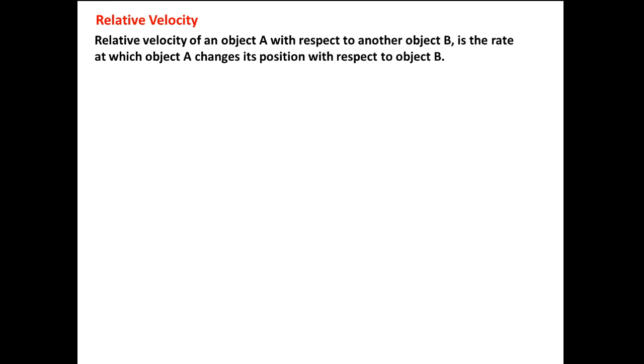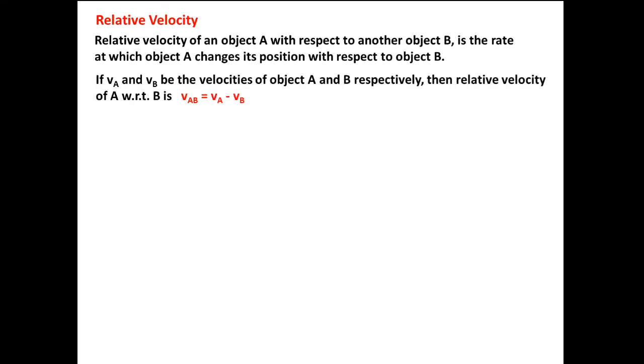Again, the relative velocity of B with respect to A is the rate at which B changes its position with respect to A. We are taking first the relative velocity of A with respect to B, which is written as VAB. Here, the relative velocity of A with respect to B is equal to VA minus VB. This is the relative velocity.